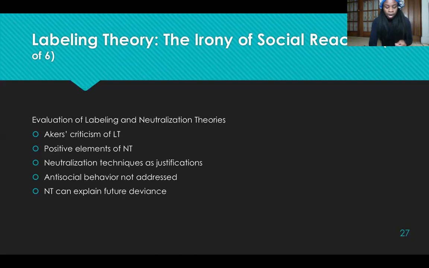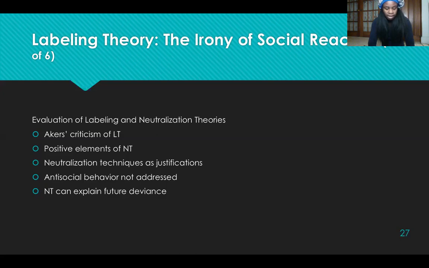One of the major problems with the theory is that it says nothing about the origins of the antisocial behavior the actor seeks to neutralize. And also, some studies have found that neutralization techniques were able to explain future deviance.